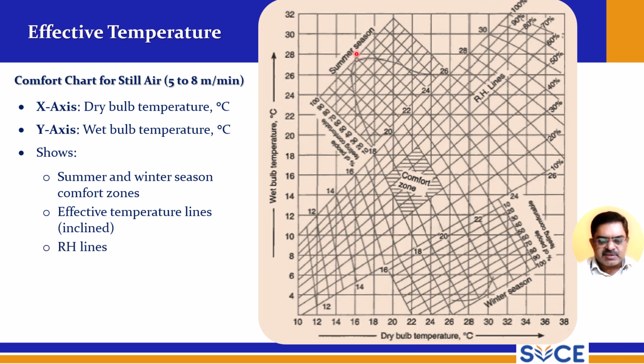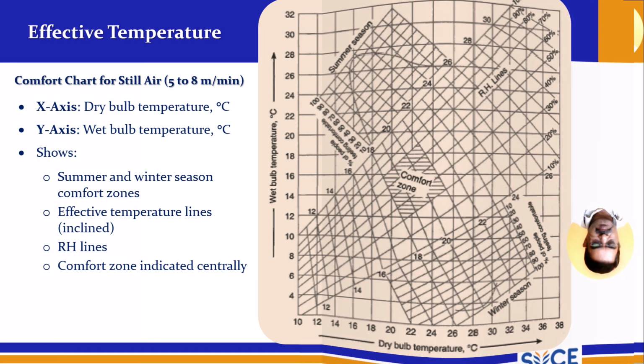This is the summer season and this is the winter season, and the inclined lines pass through all three seasons. We have RH lines and the comfort zone indicated centrally. The hashed portion is known as the comfort zone.